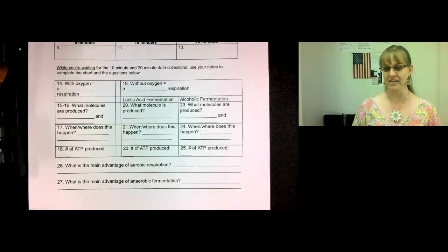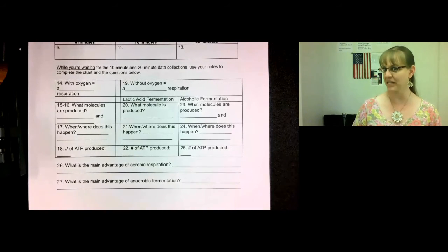With alcoholic fermentation, it also produces a gas because that carbonates your beer or the bread or whatever. And so what gas is that? With the carbonation, that should give you a clue. It's the same gas that you breathe out.